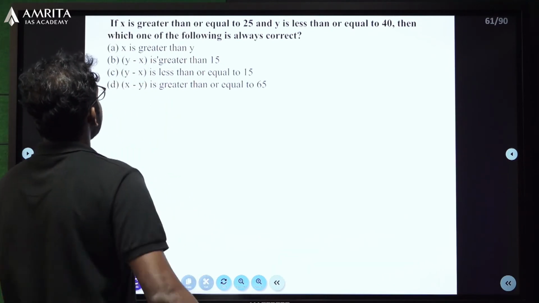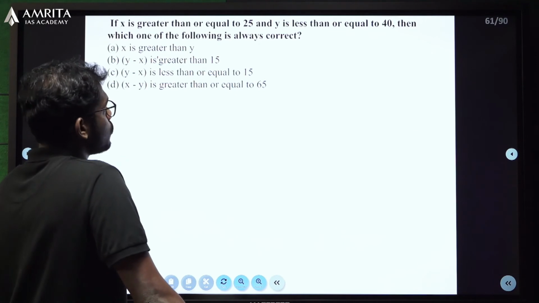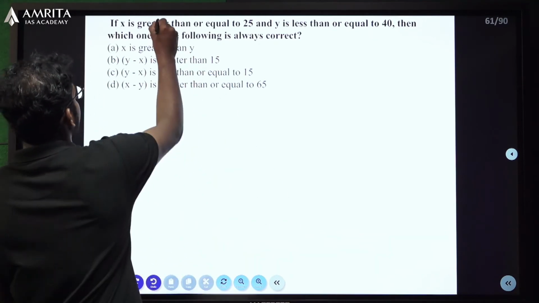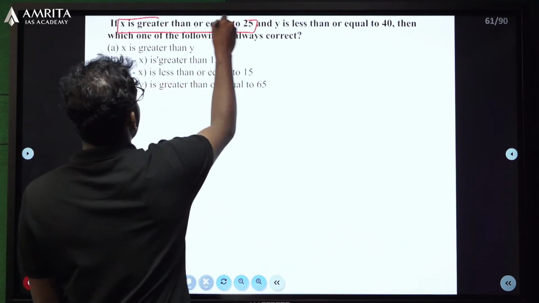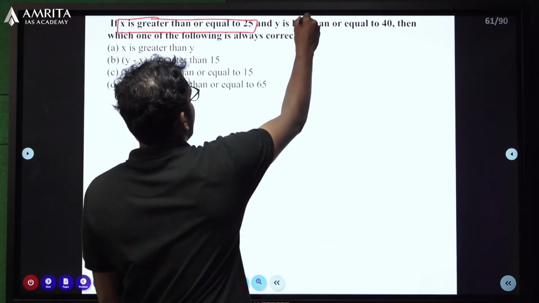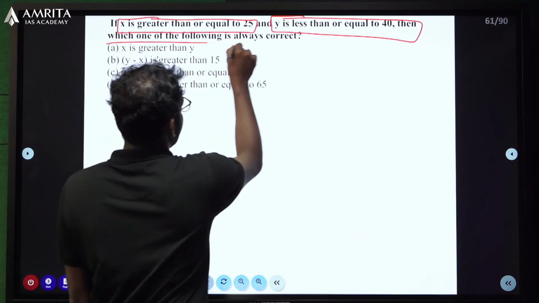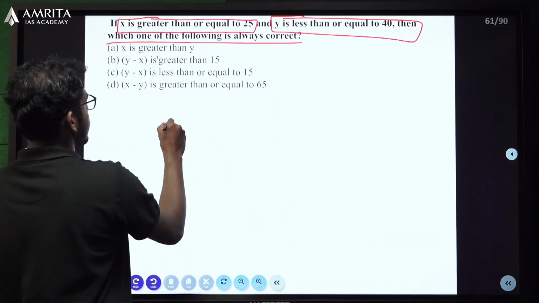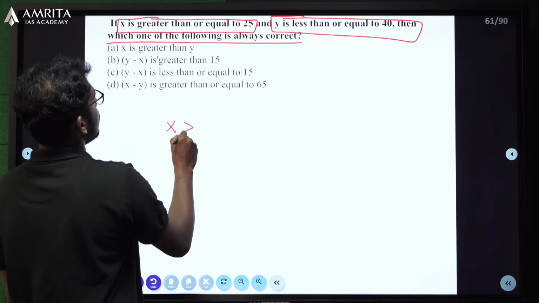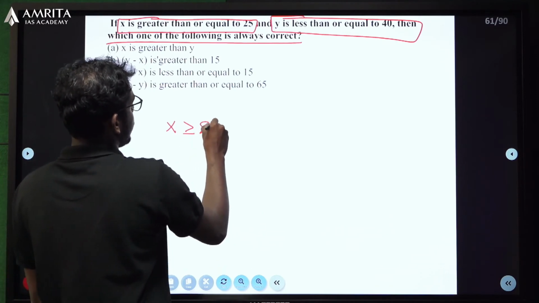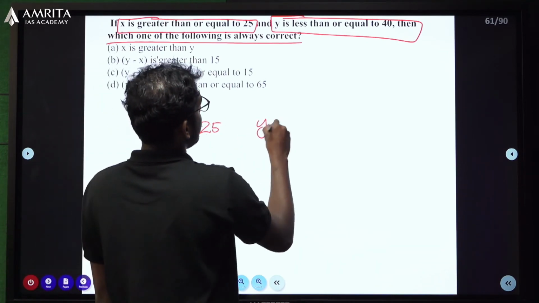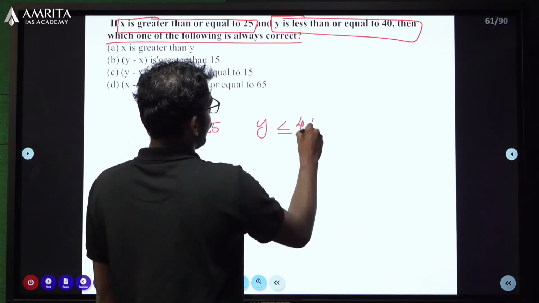Okay. If x is greater than or equal to 25 and y is less than or equal to 40, then which one of the following is always correct? They say if x is greater than or equal to 25 and y is less than or equal to 40.